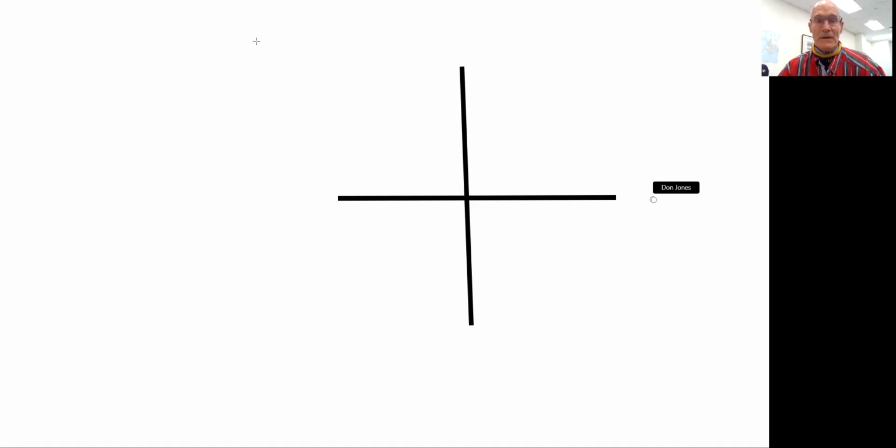If you remember, with the exponential function, we always looked at y equals something like 2 to the x. We looked at the 3 points for x, which were -1, 0, and 1.